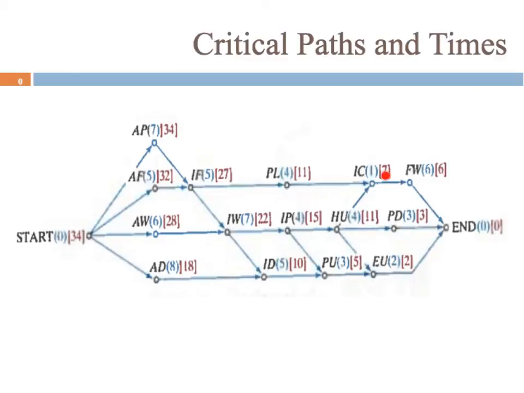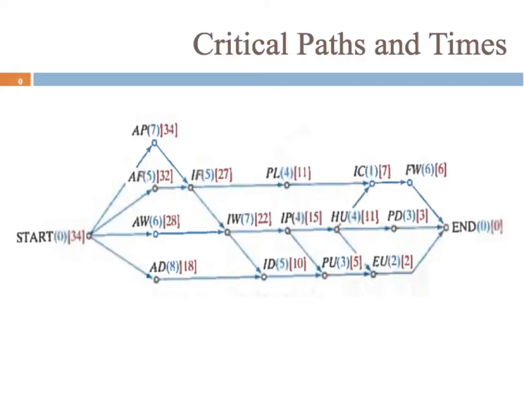So we could look and say, all right, do we want to take it from this critical time of 7 at task IC and say 7 plus 4? Do we want to take the critical time 3 from task PD and say 3 plus 4? Or do we want to take the critical time of EU, 2, and add that to 4? That would only be 6. This one, 3 plus 4 would be 7. And this one, 7 plus 4, gives us the 11.